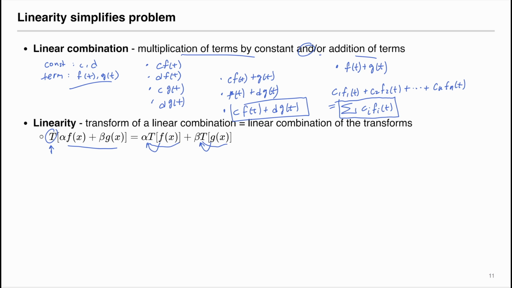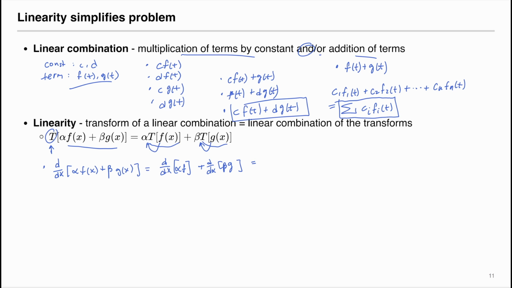We have already seen this kind of linearity before, where, for example, we have derivatives. So d/dx of a constant alpha f of x plus beta g of x, we can break them down into d/dx of alpha f plus d/dx of beta g using the addition rule.